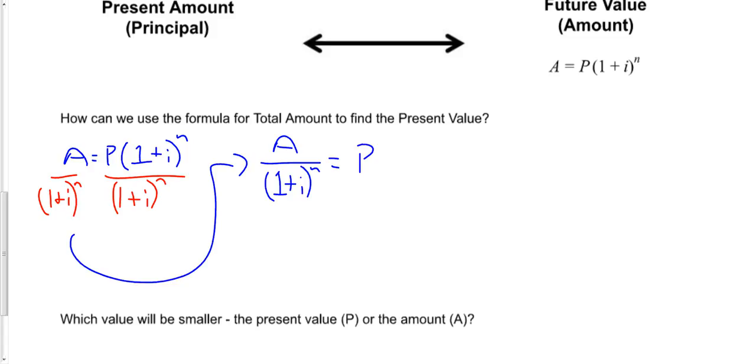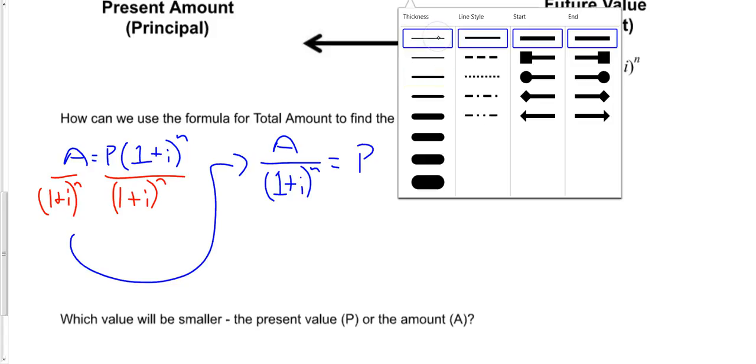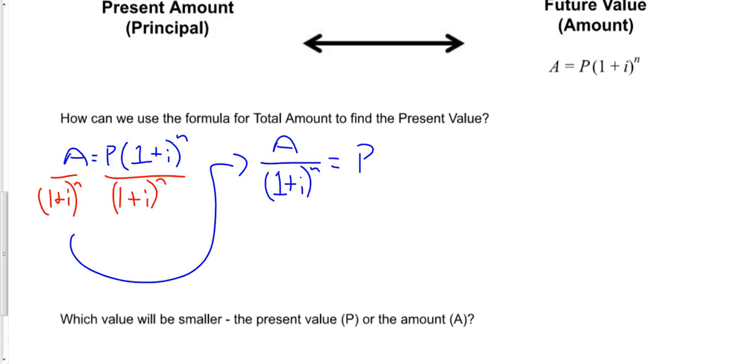However, that's not necessarily the cleanest way to write it. So I'm going to do one more conversion. Instead of having a fraction, because fractions are sometimes ugly to work with, I'm going to change this around so that P is equal to A times (1 plus i) to the exponent negative n.